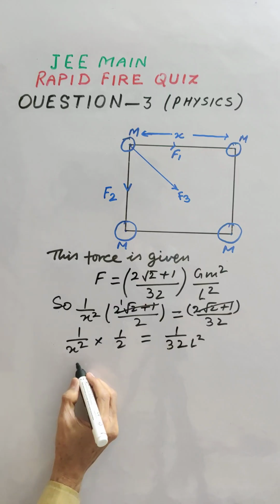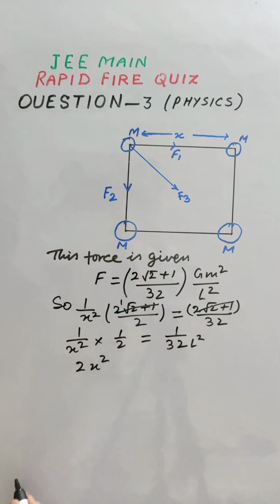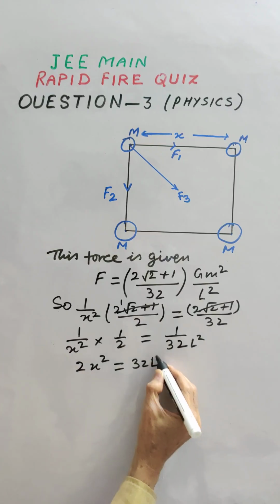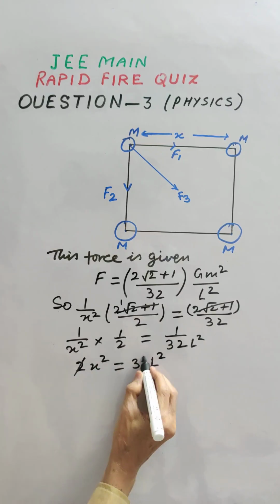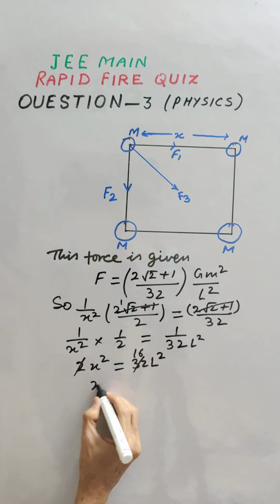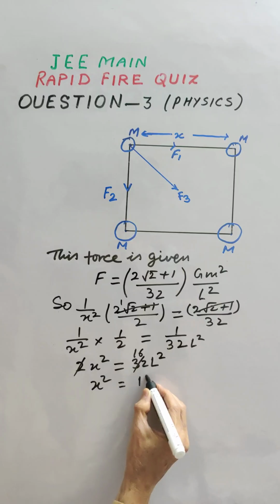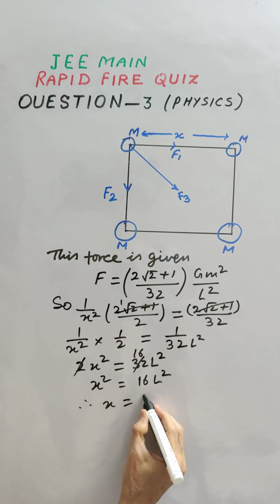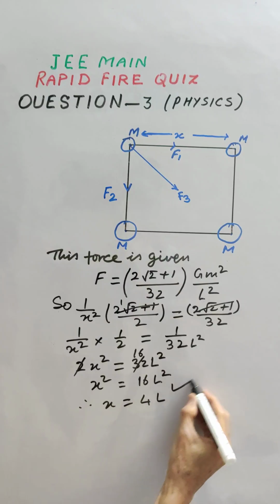Or we can say 2x square is equal to 32 L square, x square is equal to 16 L square. Therefore, x is equal to 4L. This way our answer is 4.